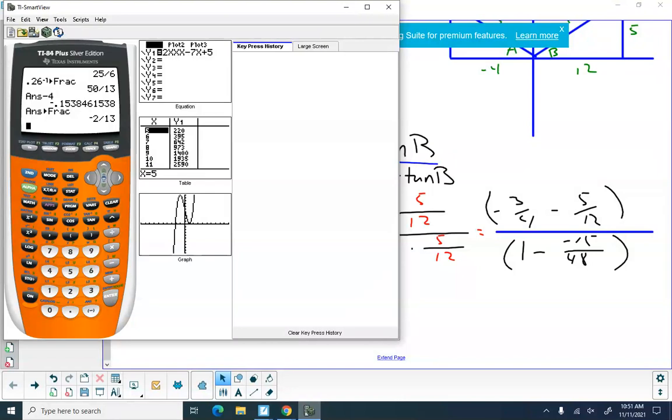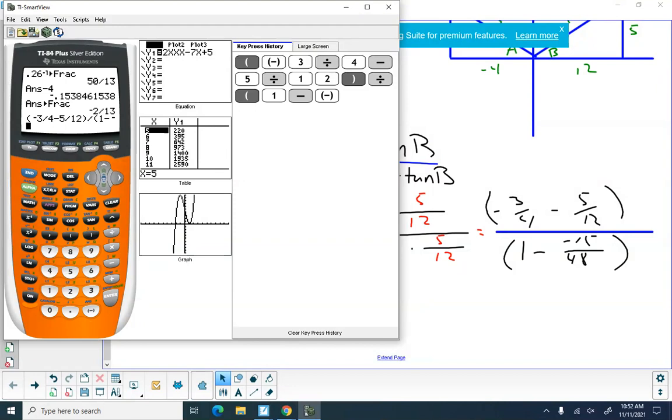Okay, we have quantity, parenthesis, negative 3 divided by 4 minus 5 divided by 12, and quantity. Divided by quantity, 1 minus a negative 15 divided by 48, and quantity.